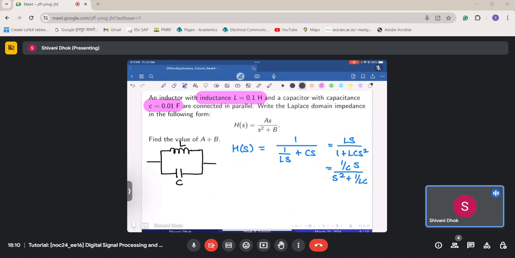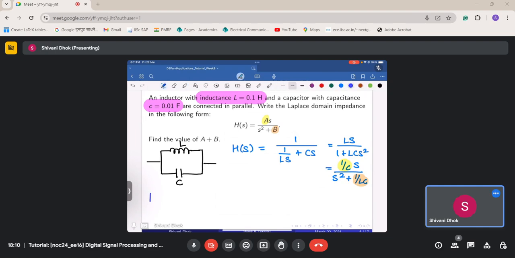Now if we compare this equation with the equation given to us, to obtain the form of A and B, this A here is basically 1 by C, and this B is 1 by LC.